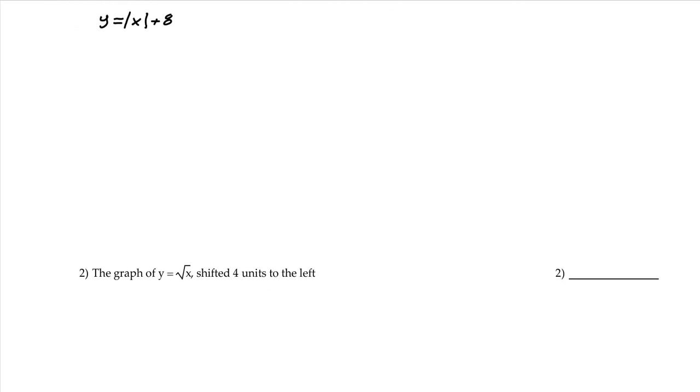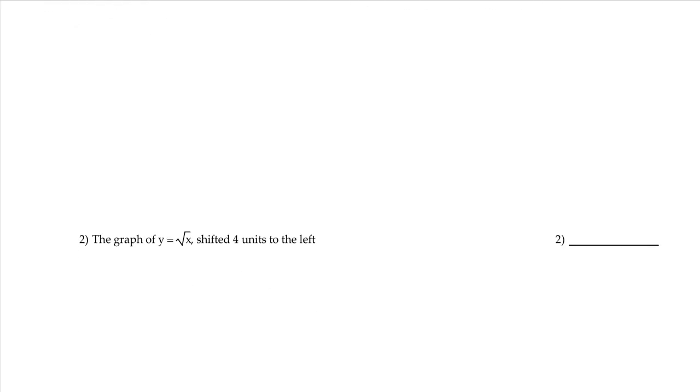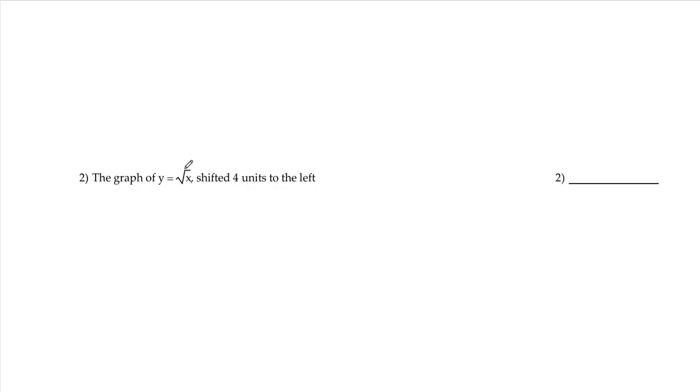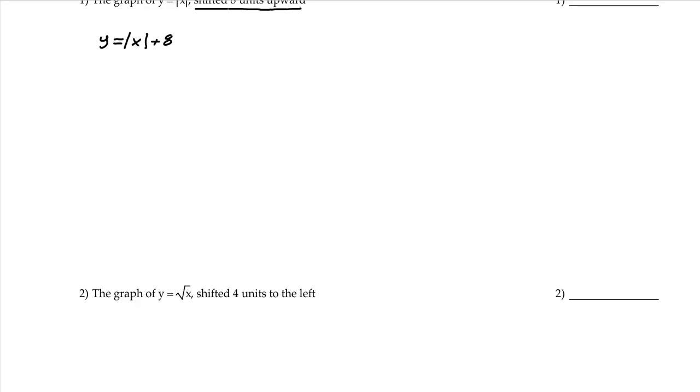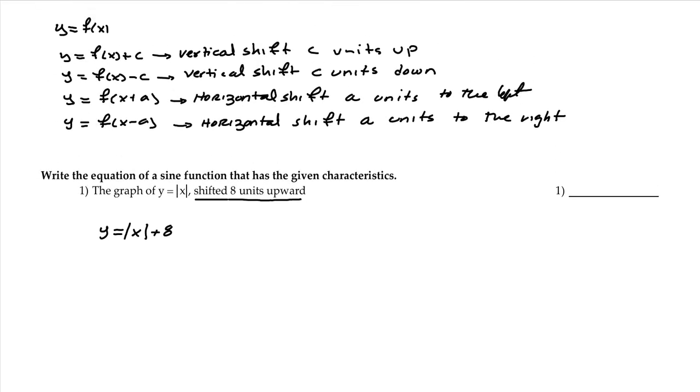In the other exercise, they say, what is the function if we get the graph of y equals the square root of x and we shift the graph 4 units to the left. So remember what I was explaining at the beginning. To have a horizontal shift toward the left, you will substitute the x of the function by x plus the magnitude of the horizontal shift.